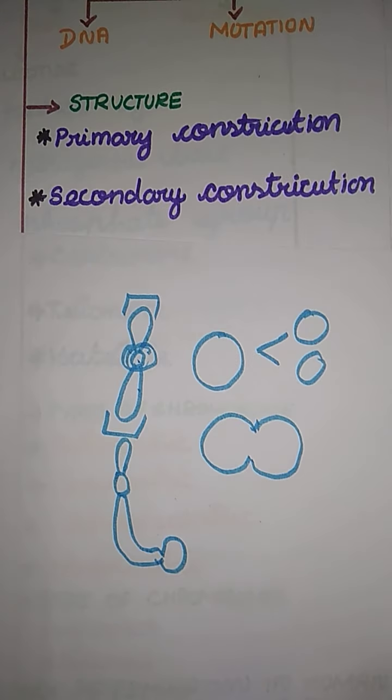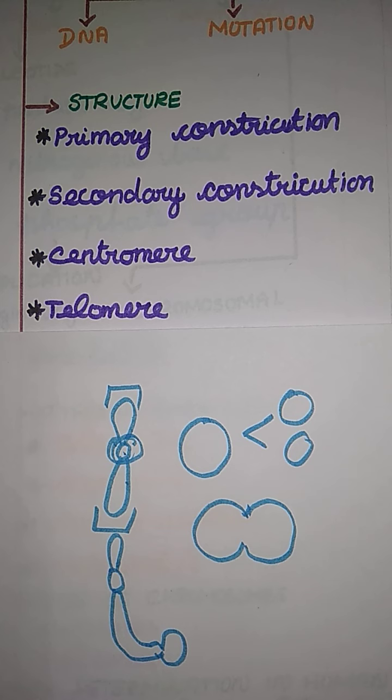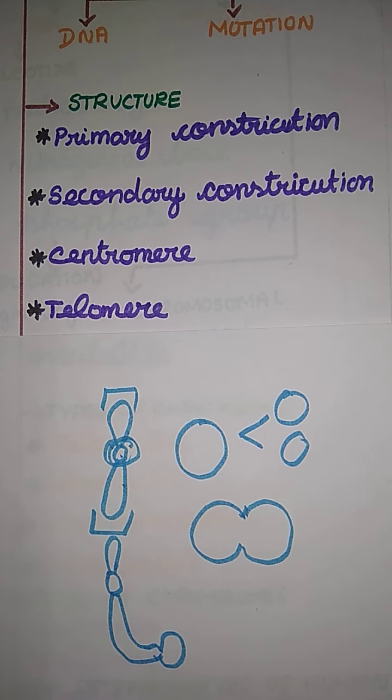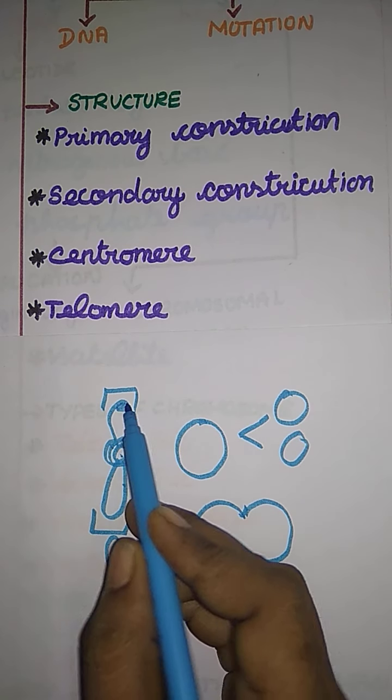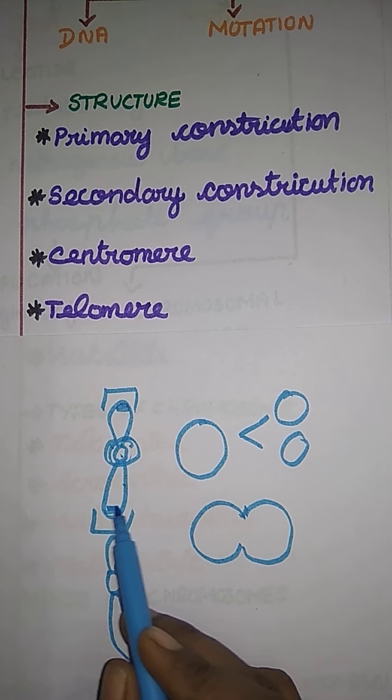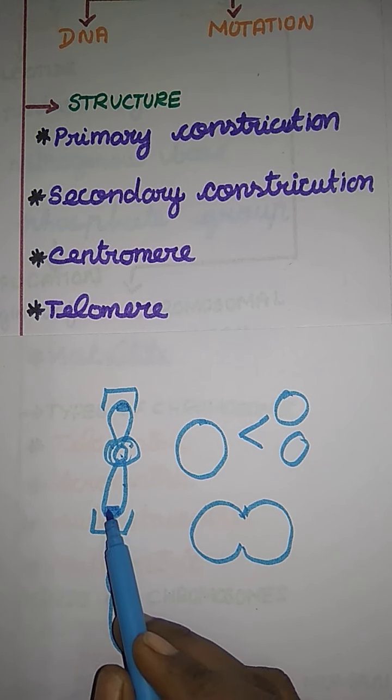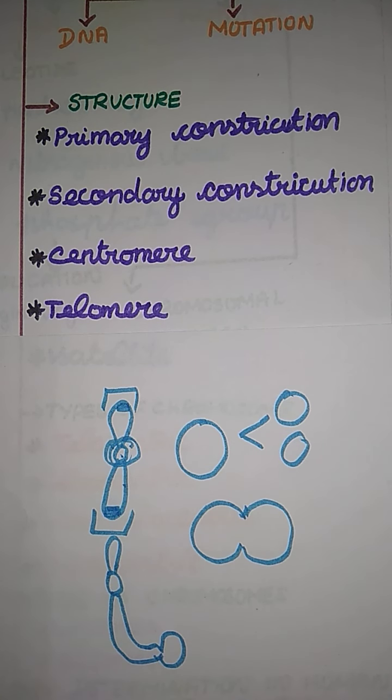And next one is the telomere. At the end of a chromosome there is a telomere. The main function of the telomere is to maintain the structure and provide functional support.